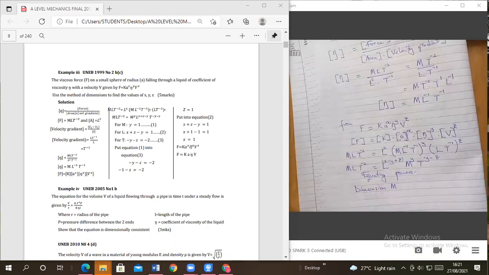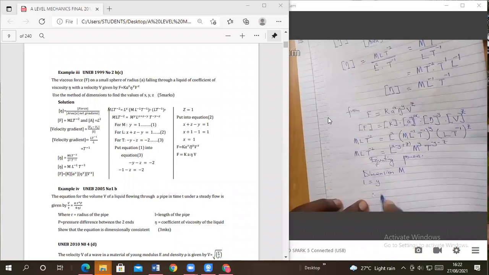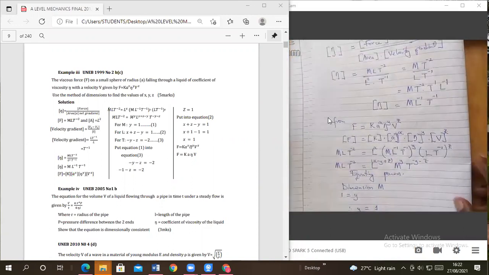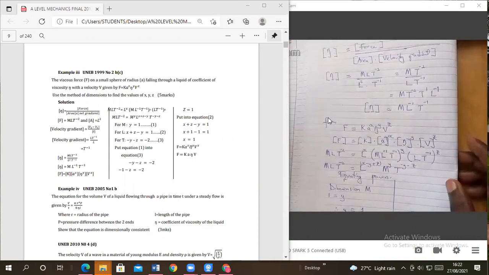The power is 1. So 1 equals to M here, which is Y. Is there any M anywhere else? So therefore our Y is 1. We move to the next one.